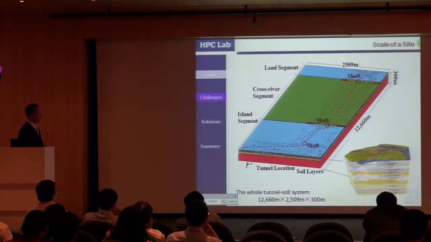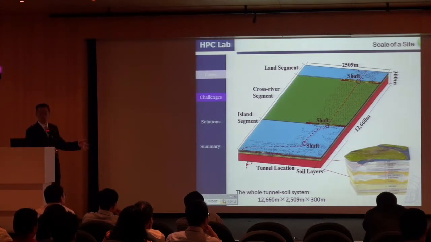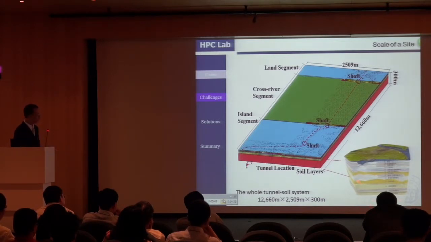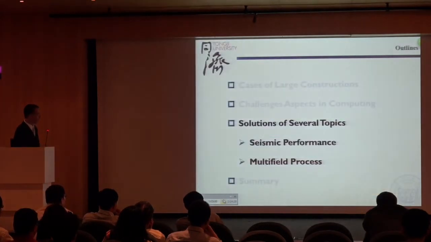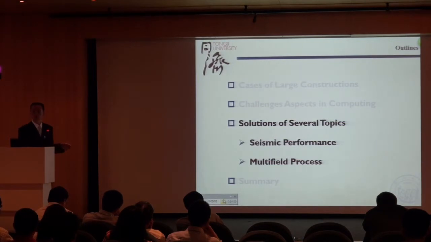And for the soil in Shanghai at the mouth of the Yangtze River, to get to the input from the bedrock is about 300 meters in depth. If we want to get details of this solution, that would need huge facilities for computing and huge time to construct the model.